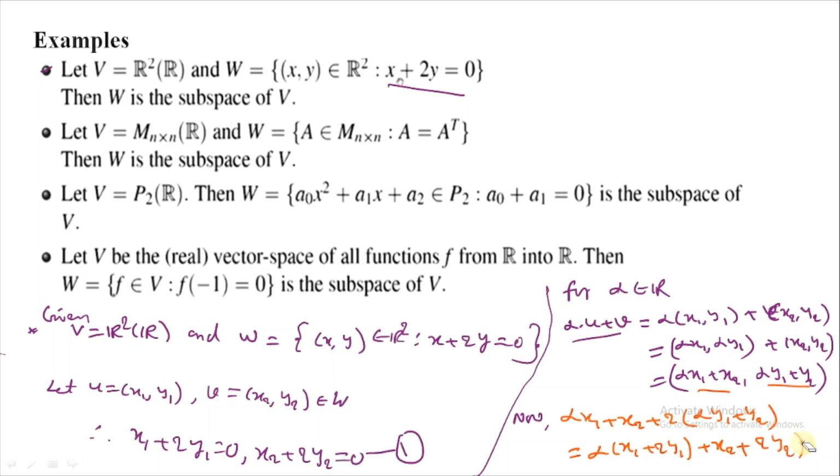Now this is equal to alpha into, now observe from the equation, x1 plus 2y1 is 0, plus x2 plus 2y2 also 0. So it is equal to 0, correct, from 1. That means this element also satisfies the given condition.